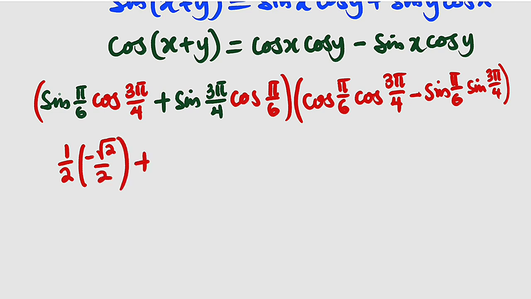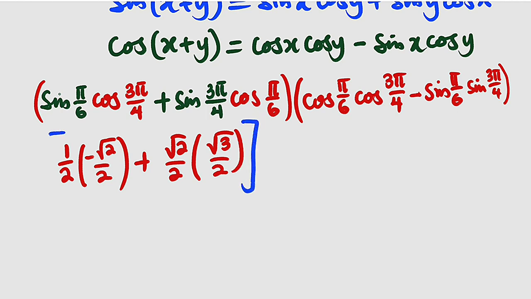Then plus sine of 3 pi divided by 4, which is root 2 divided by 2, then multiplied by cosine of pi divided by 6, which is root 3 divided by 2. We have to multiply the whole of this by the other expansion.